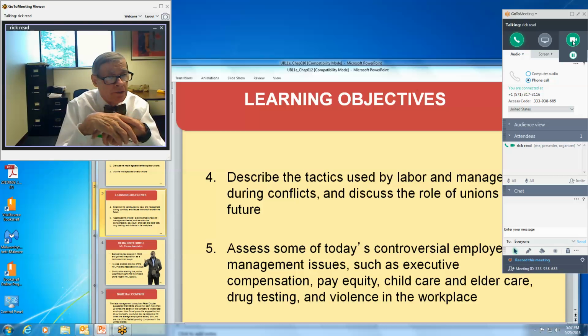And then we're going to look at some of today's controversial employment management issues, such as executive compensation, pay equity, child care, elder care, drug testing, and violence in the workplace.